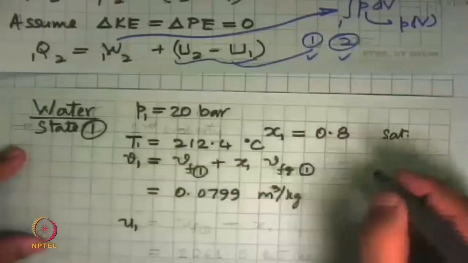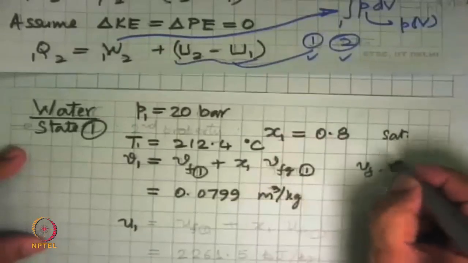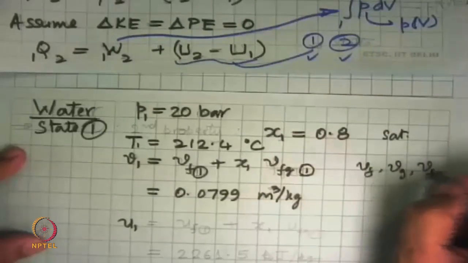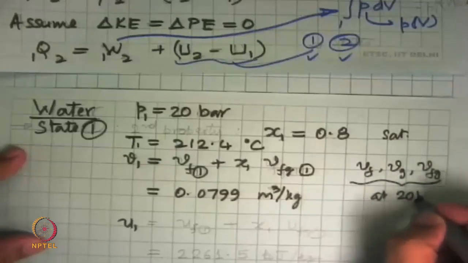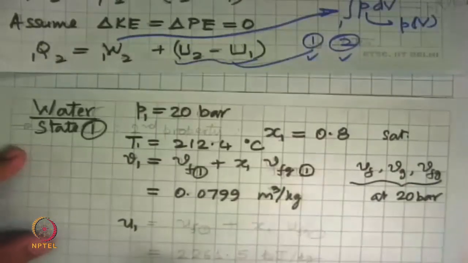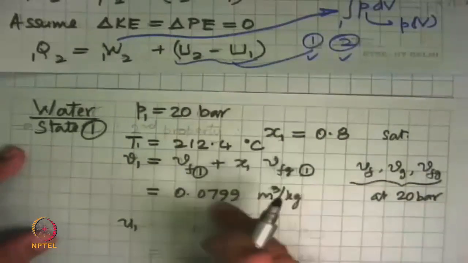So we get Vf and Vg, or Vf, Vg and Vfg, all are at 20 bar. And we calculate this part.